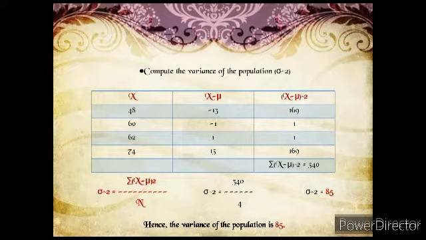The formula for solving the variance of the population is equal to the sum of all x minus mean squared divided by the population size. The variance of the population is equal to 340 divided by 4. The variance of the population is equal to 85. Hence, the variance of the population is equal to 85.